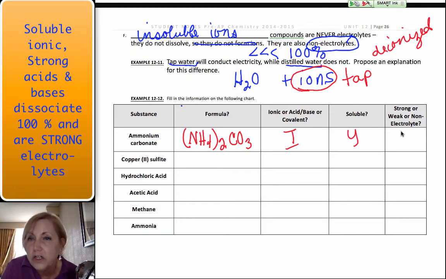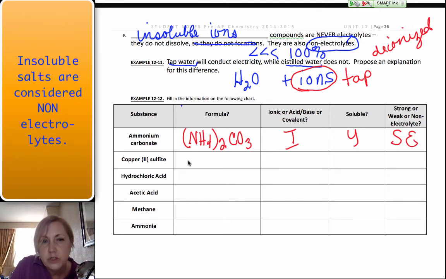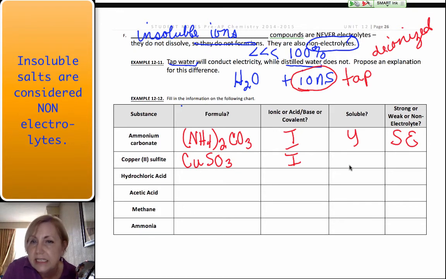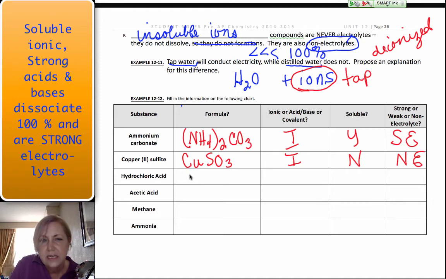When it's in water, it's going to be a strong electrolyte. Copper(II) sulfite, CuSO3. It is ionic, so it meets that criterion, but it is not soluble in water, so it's a non-electrolyte. So we need a yes for ionic and yes for soluble, or acid and yes, in these columns.